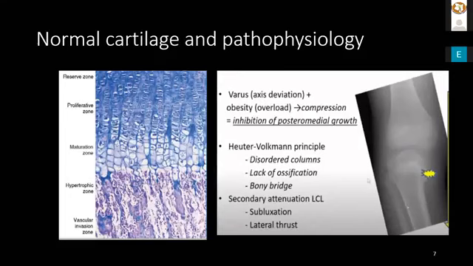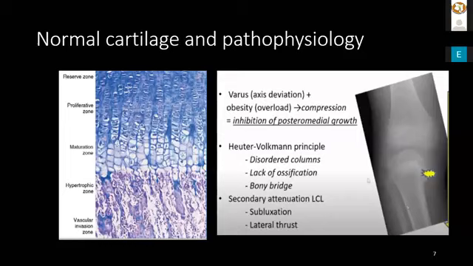For the varus deformity to form, one, the mechanical theory has been advanced, which has been described by Hueter and Volkmann. The observation is that because of increased pressure, there is reduced multiplication of the cells, the chondrocyte cells.